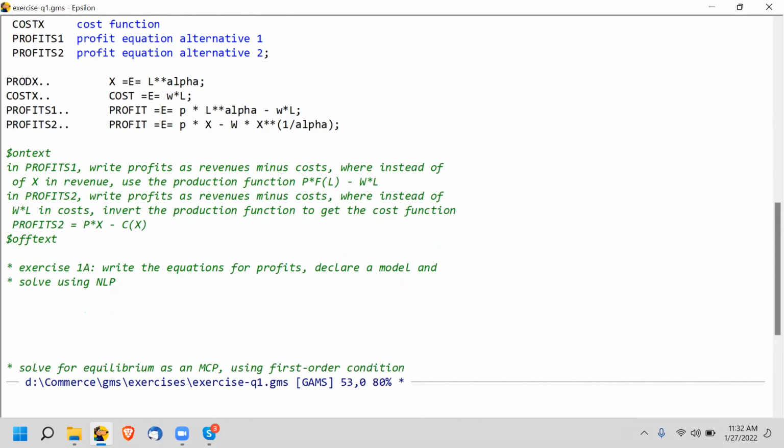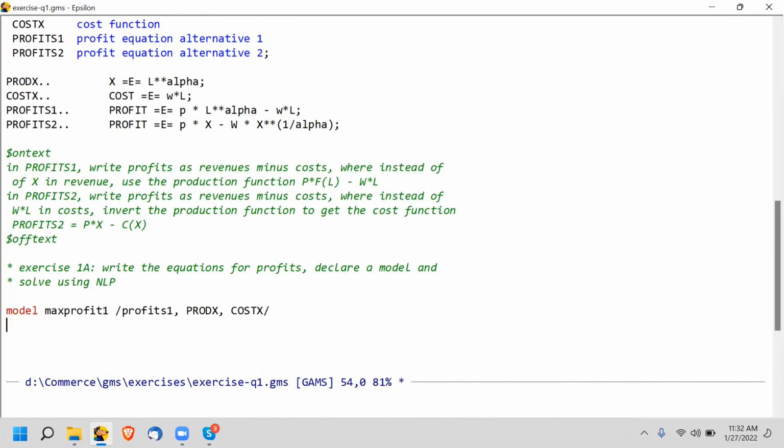I'm going to say model max profit 1, and that's going to be profits 1, and it includes prod X and cost X. Then I'm going to have model max profit 2, which has profits 2, prod X, which will determine the value of L, and cost X, which will determine the value of cost.